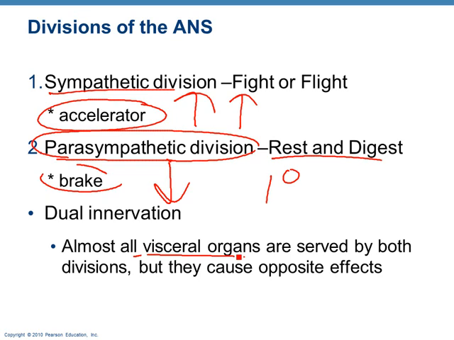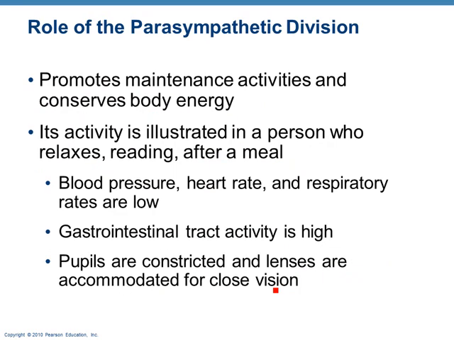So you've got both positive and negative effects. But if an organ has both, they are going to cause opposite effects. One's going to increase it, one's going to decrease it. And we're going to talk about different organs and their effects.